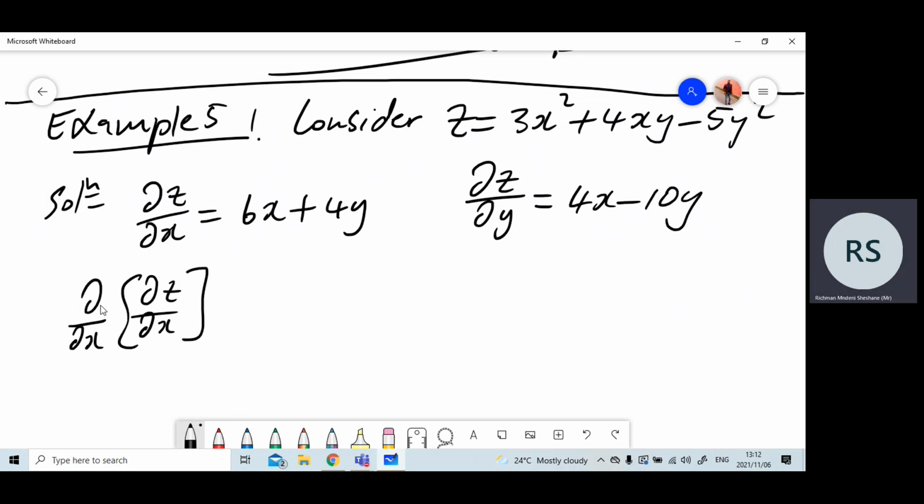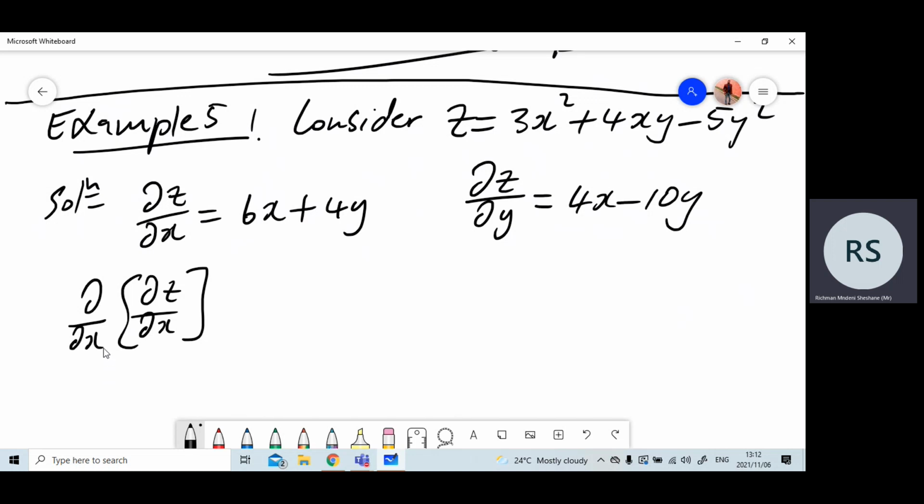So we can derive the first partial derivative with respect to x with respect to x, because it's a function of two variables. And then we can also consider a derivative with respect to y in the first partial derivative with respect to x. But let's first derive this with respect to x.